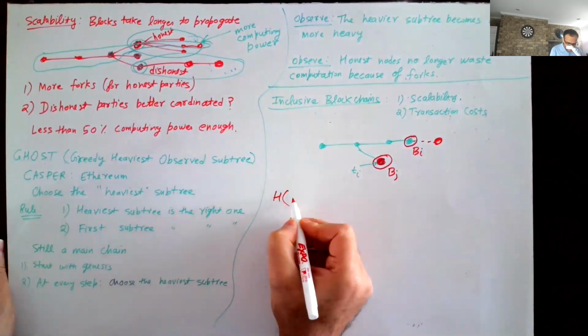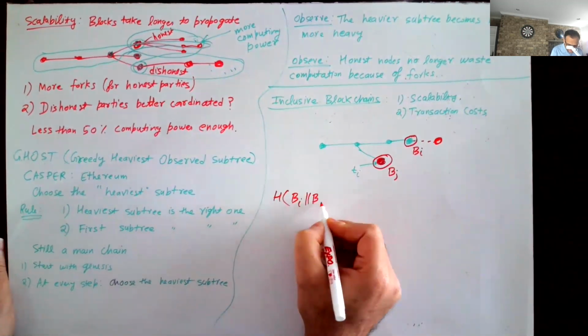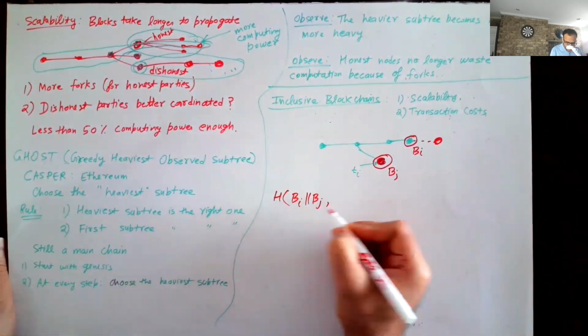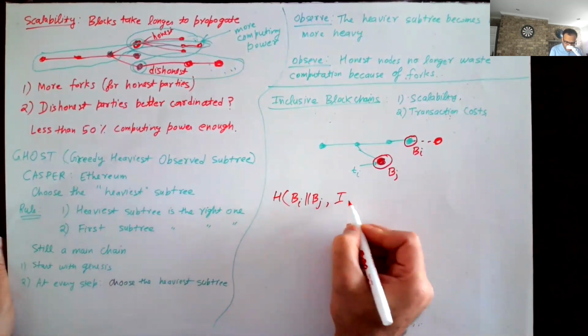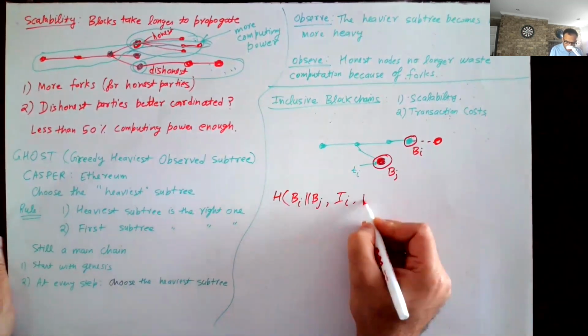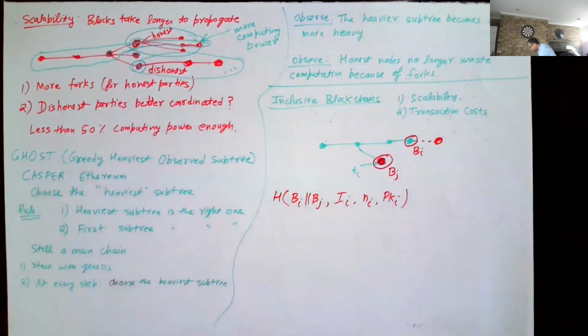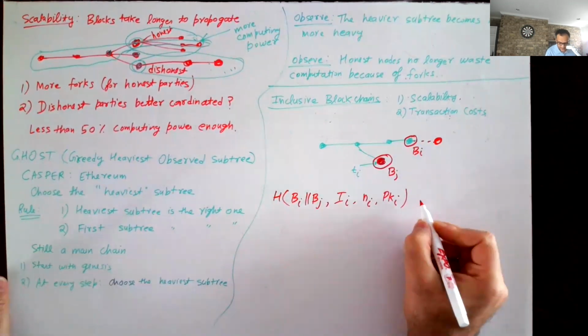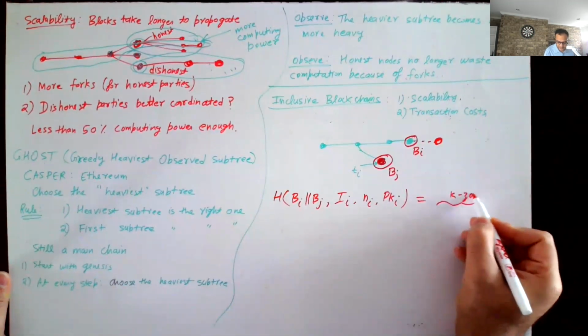Your puzzle will be BI concatenation BJ in some sense. And then the remaining things like your information, your nonce, your public key. And this should be some K0s.